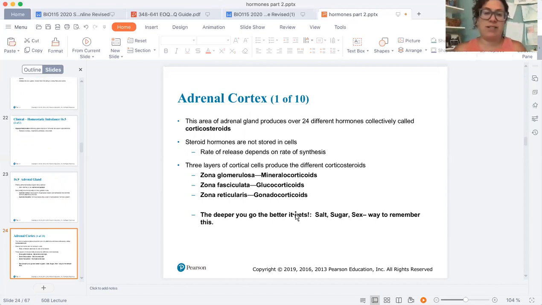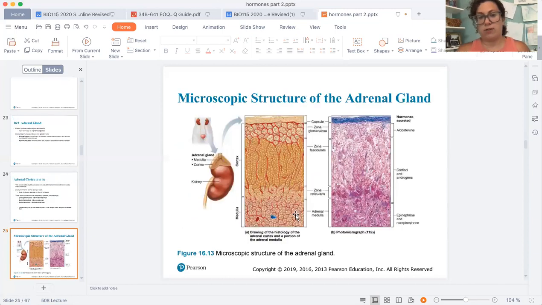The reason why is that the zona glomerulosa is the most superficial aspect of the adrenal cortex, and it makes mineralocorticoids, which are responsible for salt regulation. We have the zona fasciculata, which is responsible for sugar regulation with the glucocorticoids, and sex is the most inner, deepest layer of the cortex, the zona reticularis, which makes the androgens, so testosterone.